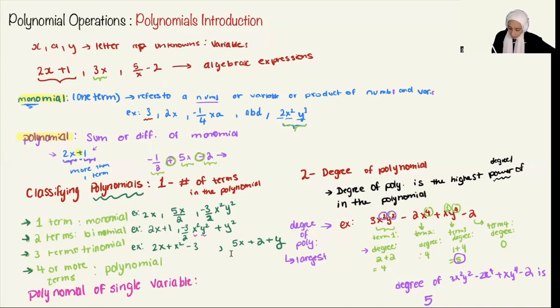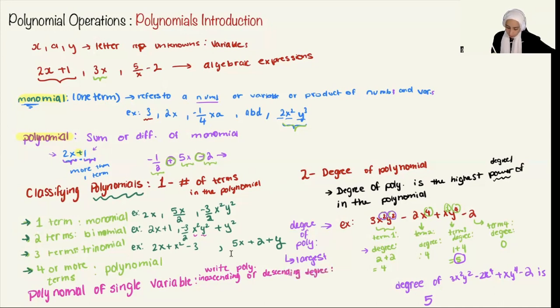We typically write them in ascending or descending order, but you can't just write them all jumbled. We'll talk about what that means right now, descending degree.